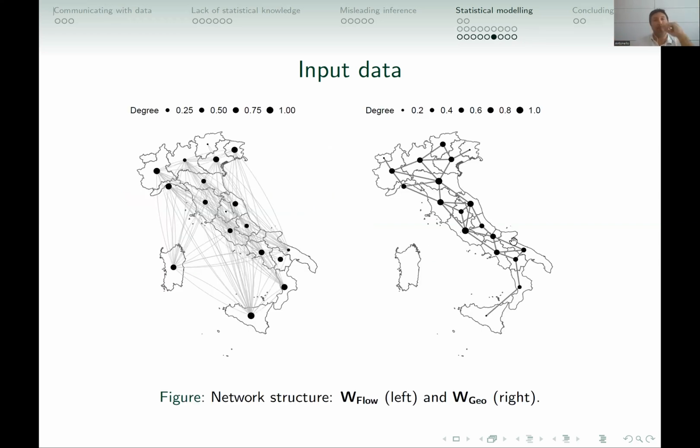Just to give you an idea, on the right, you have proximities based on regional positions. So from Lombardy, you have connections with Piemonte, Emilia-Romagna, Veneto, and Trentino. But the truth is that we might assume a more complex spatial dependence, represented by the graph on the left, based on proximity flows.